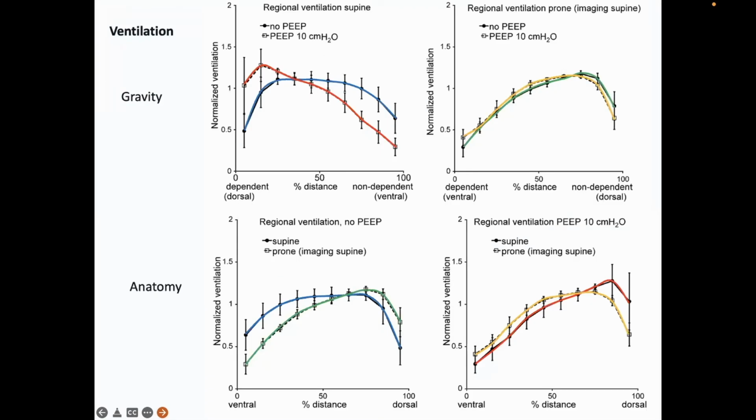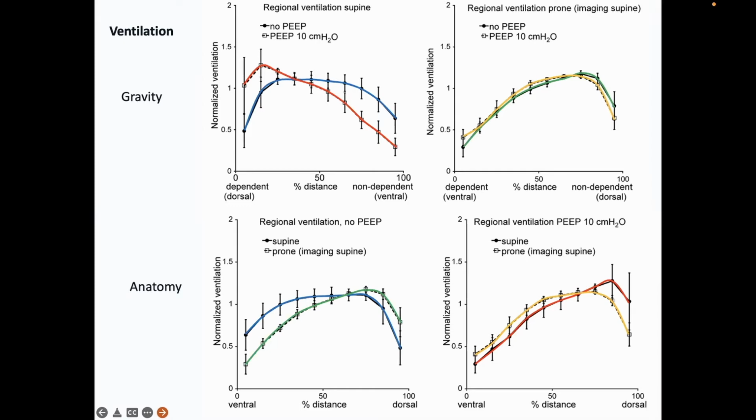Now, this graph basically summarizes it, and I'm talking you through. Okay, first of all, we have ventilation in supine. Patient is in supine position, and we have 0 PEEP. If you look from dorsal to ventral, that's the blue line now, you remember it looks pretty much similar to what I've shown in one of the first graphs.